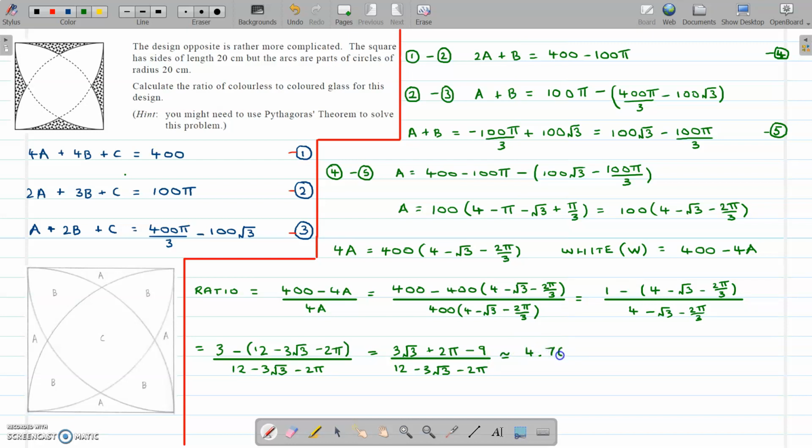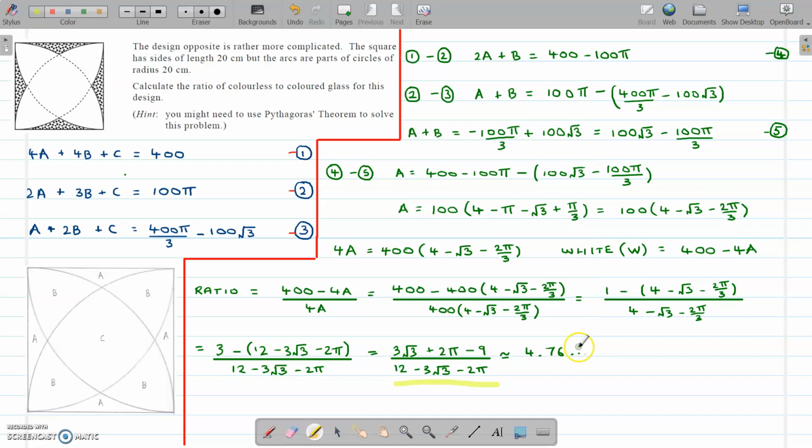Now if you put that into the calculator, you get 4.76 something, but that answer we've given is the exact ratio. So what this means is that if you took the area of the white and divided it by the area of the shaded, it's 4.76.